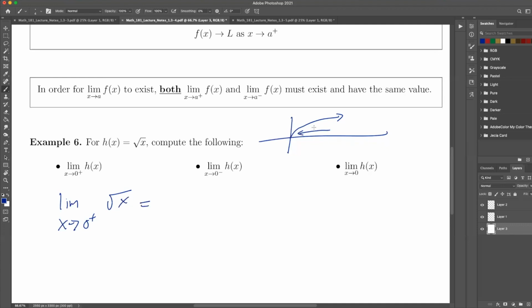If I'm just coming in strictly from the positive values, you guys know what value that would be? Yeah, 0. However, if I come in strictly looking at the negative values, well, here I see nothing, right? The function is undefined there. So this does not exist, right? And so in this case, the actual limit does not exist, right?